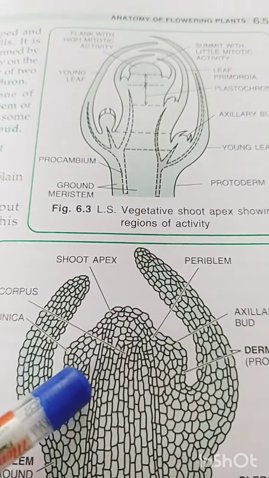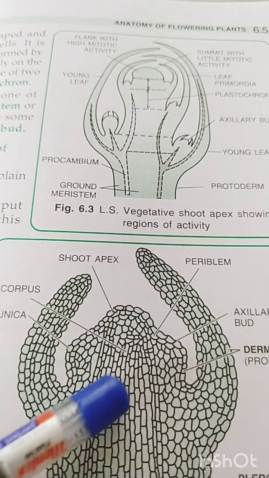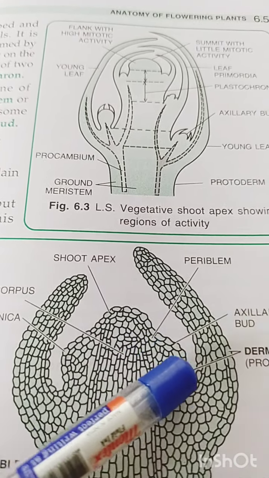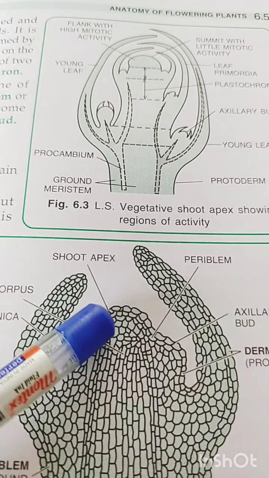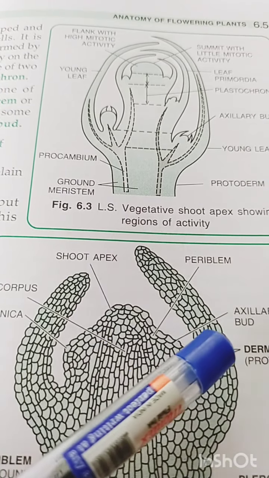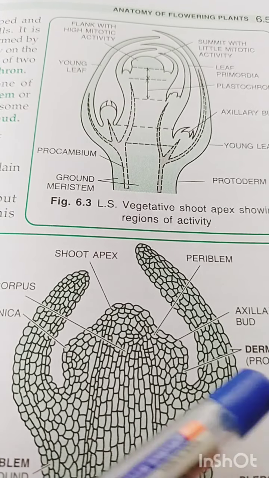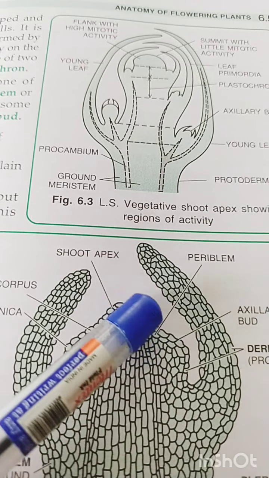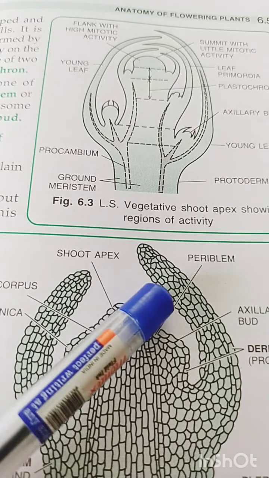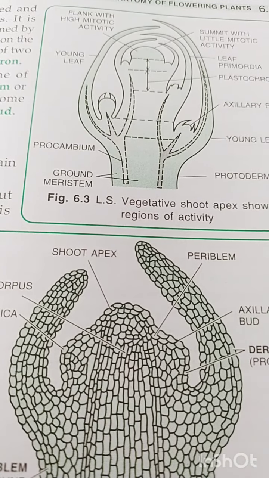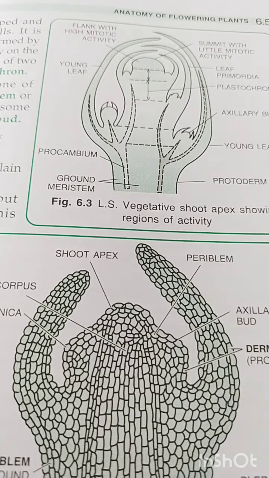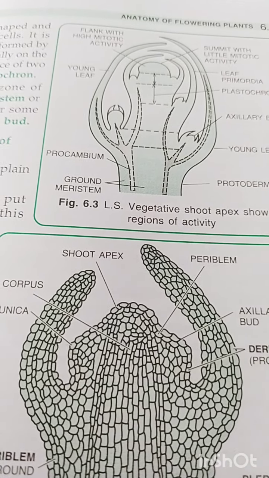Here also the longitudinal section of vegetative shoot apex is shown. See, these are small cells. This is shoot apex. Dermatogen means protoderm. Now axillary bud: you also know the meaning of bud. A bud is just a small structure which is going to begin as a flower.